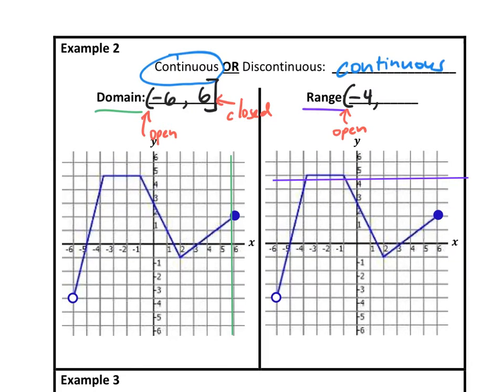Right about here. And what value is that? Let's double check where that is. 1, 2, 3, 4, 5. So at 5 is the last time that I make contact with the graph, and I'm going to put a bracket because it's closed. This part of the graph, there's no holes here. It's closed, so I'm going to put a bracket.